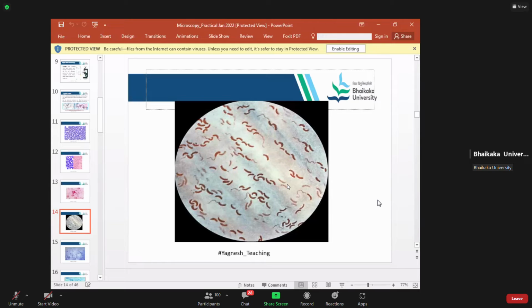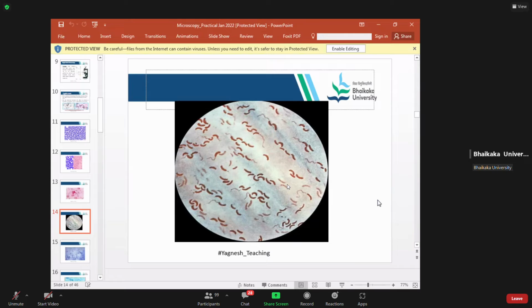This is a smear prepared from the sample, rice water. Now you see typical comma bacilli are seen. This is because the sample is rice water in nature, which means the patient is suffering from diarrhea.